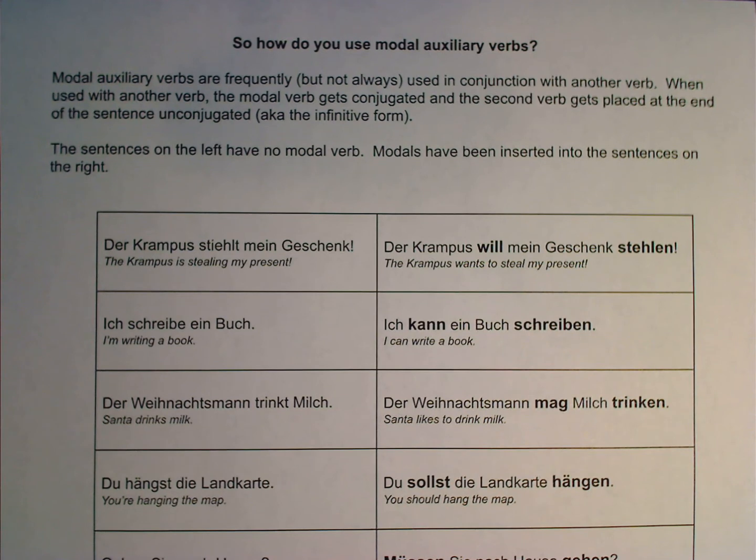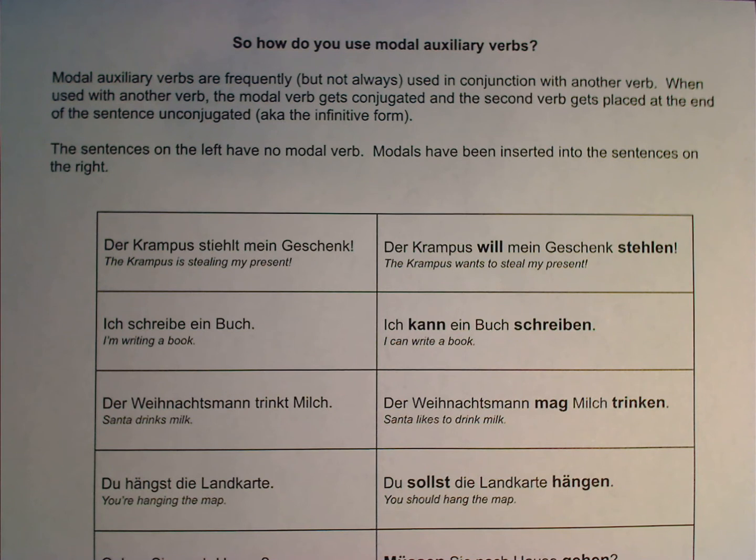So, how do you use modal auxiliary verbs? Modal auxiliary verbs are frequently, but not always, used in conjunction with another verb. When used with another verb, the modal gets conjugated, and the second verb gets placed at the end of the sentence unconjugated.